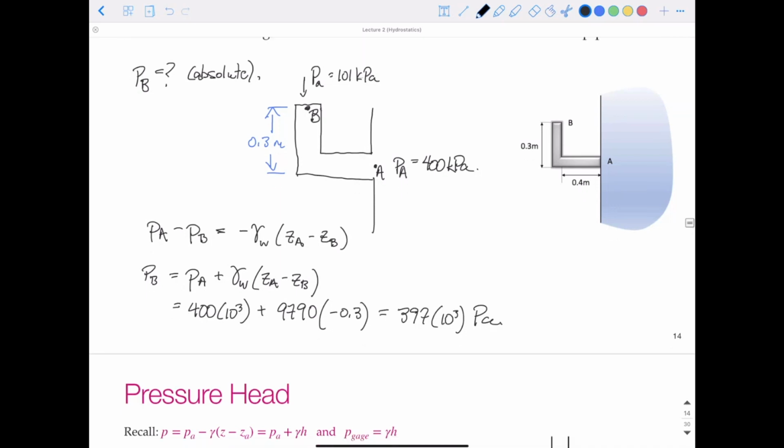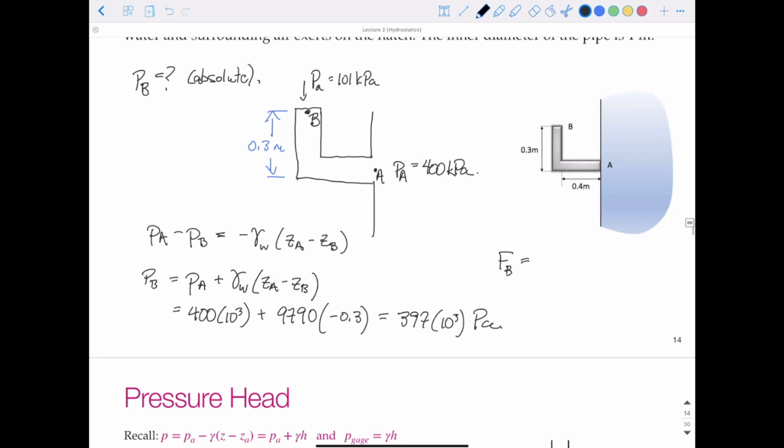So if we take this and multiply by the area, what is the force at B? Remember, the force at B is going to be the net pressure. So it's going to be the pressure from the fluid acting at B minus the pressure of the atmosphere at B. That would be our net pressure. And because the pressure from the fluid is greater than our atmospheric pressure, the force should be pointing upwards.